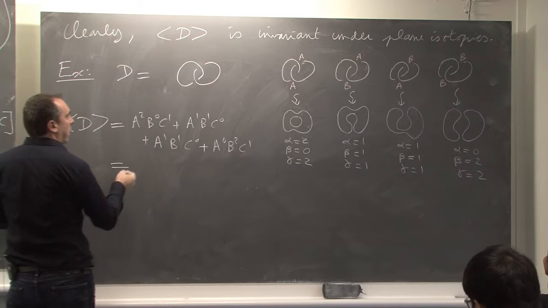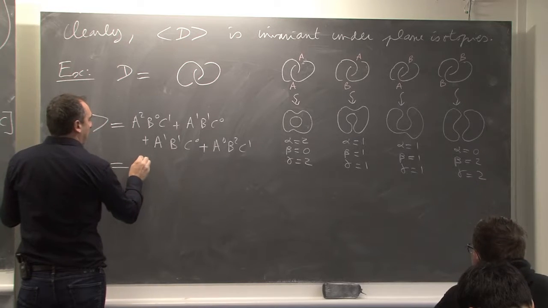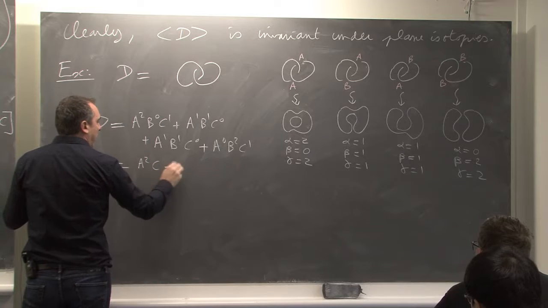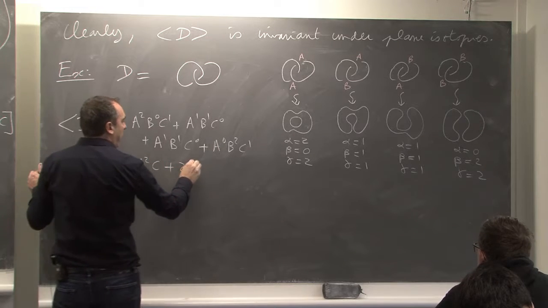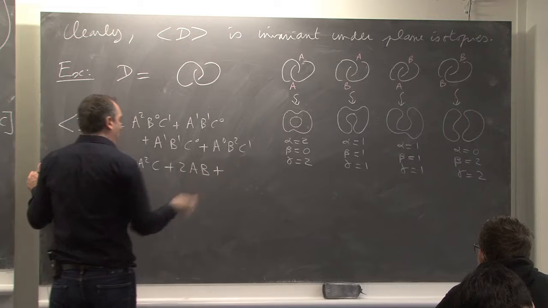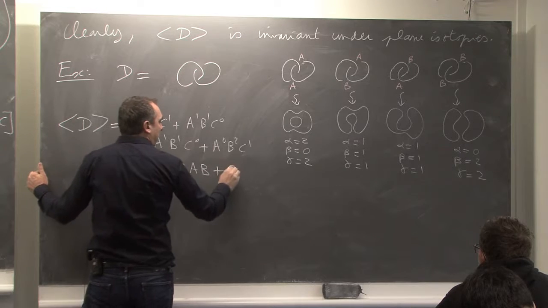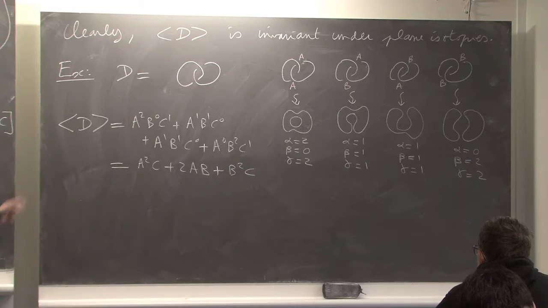So we obtain a squared c plus 2ab plus b squared c. Okay.